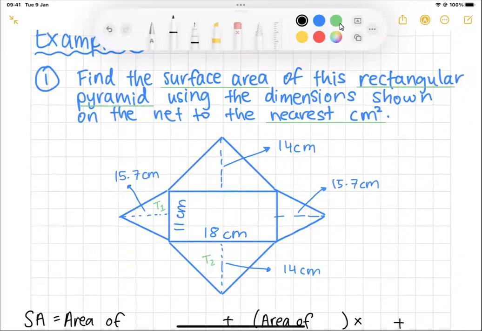We've got a length of 11 centimeters and a length of 18, meaning that the triangles would be different. So what I normally would do, if you haven't seen here already, is label one triangle as T1 and another triangle as T2, right? It's just for me to differentiate and make my life easier when solving a surface area.